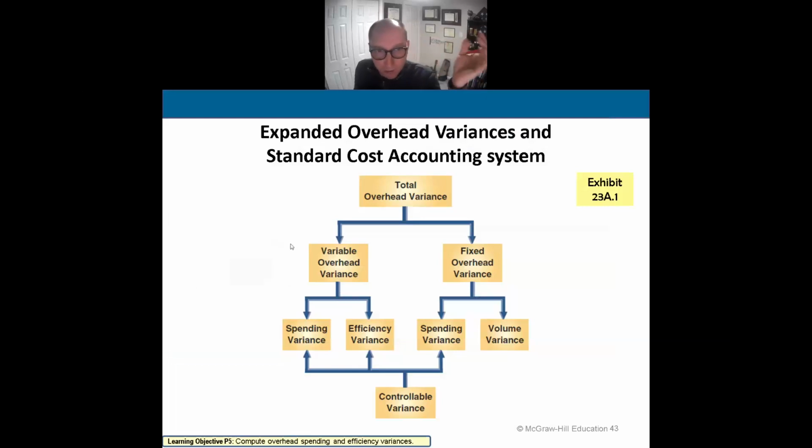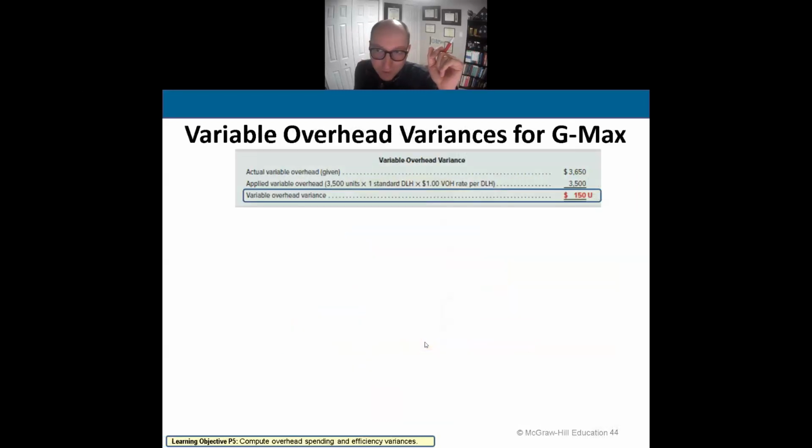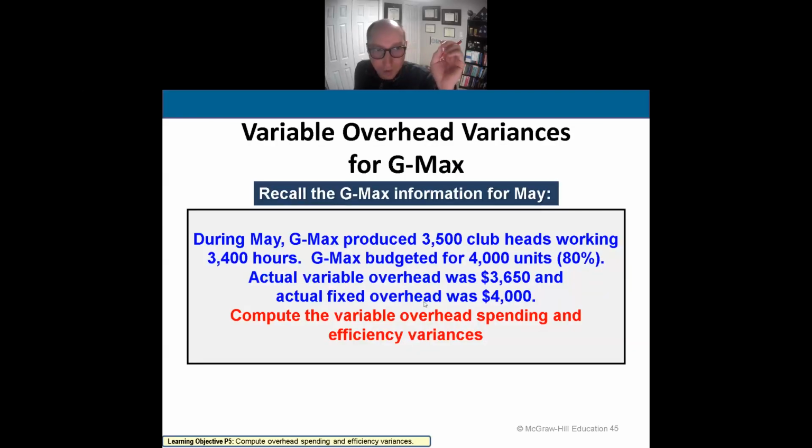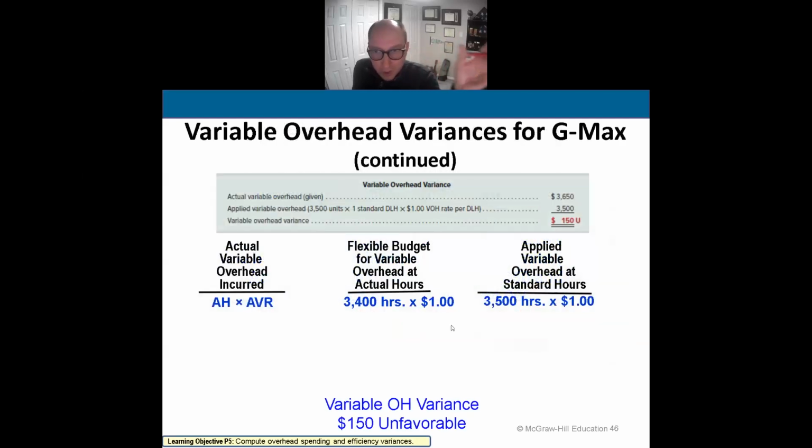And we could look at the overhead variances from the perspective of variable overhead and fixed overhead. There are variances for both variable and fixed overhead. This is an example of that. Looking at this example, we can see that the calculations are really the same.